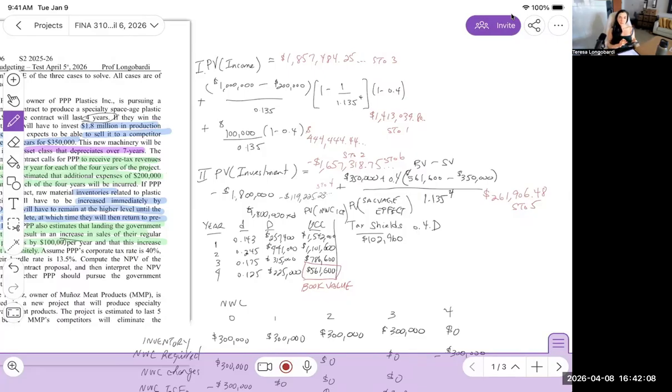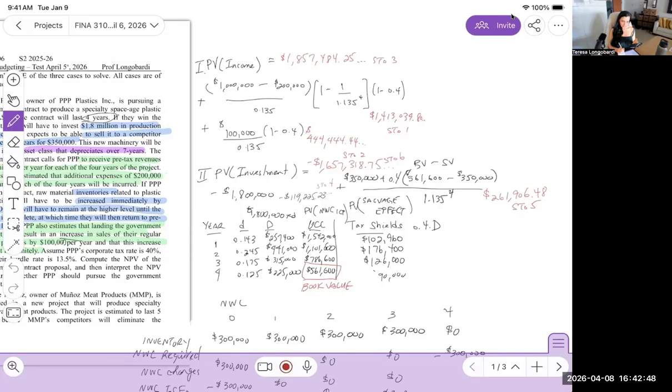The next one, 441,000 times 0.4 is 176,400, and 315,000 times 0.4 is 126,000, and 225,000 times 0.4 is 90,000.